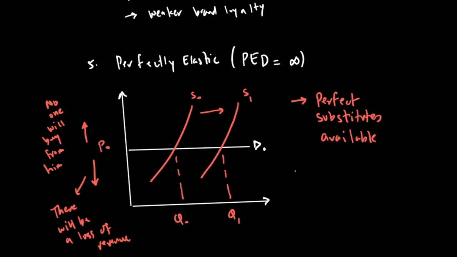P0 is what we call the market price, and if I charge any price other than P0, I may not be able to sell much, but if I am charging P0, then any amount can be sold.